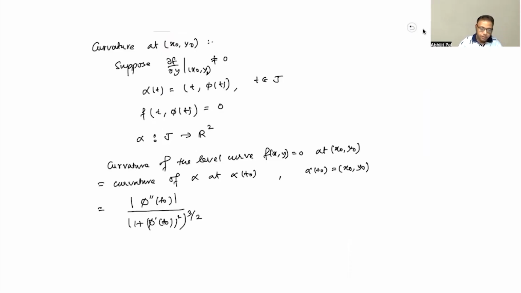Okay. So in this way we can compute the curvature of a level curve. Okay. So I'll stop here. I'll continue in the next class.